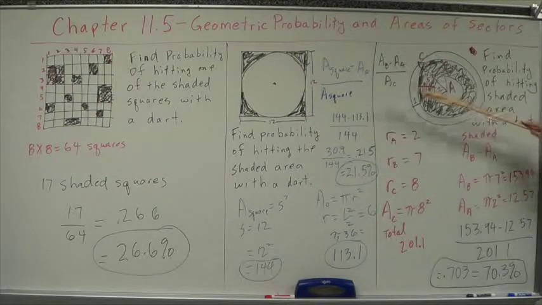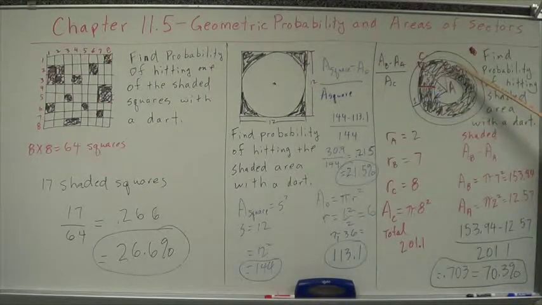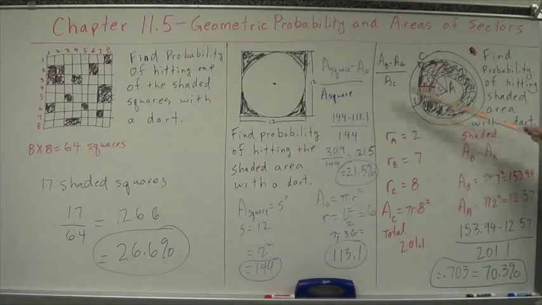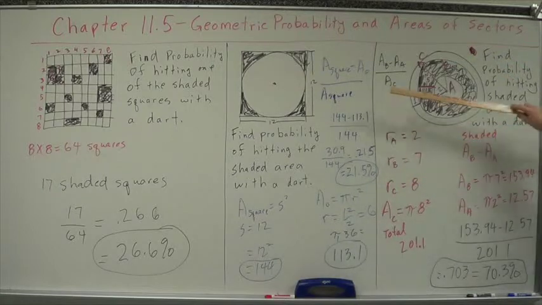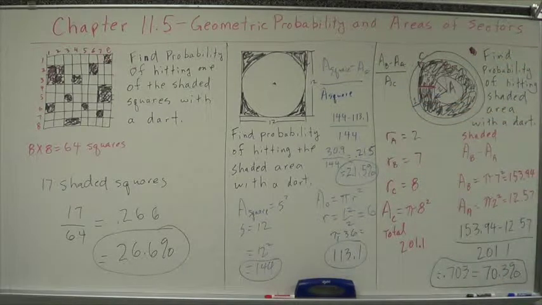We want the area of B without A in it. So we take the area of circle B minus the area of circle A and divide it by the area of circle C, because that's the total, and then we will come up with a probability. So all we're doing is calculating the areas and asking what's the probability of us hitting that, and then checking the probability.